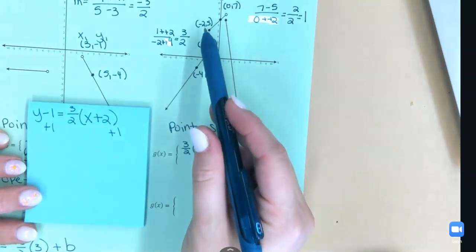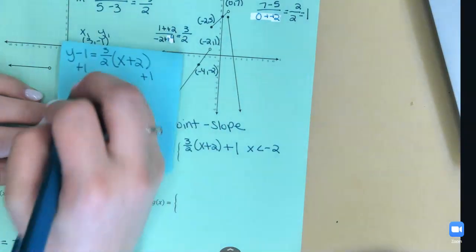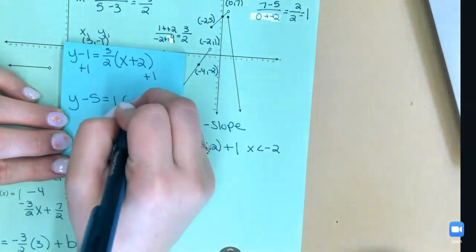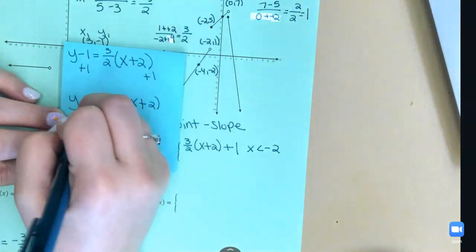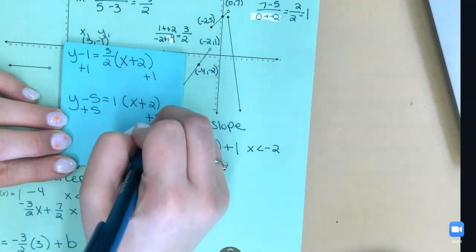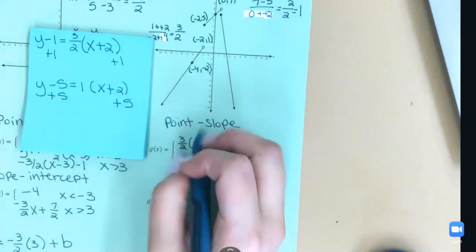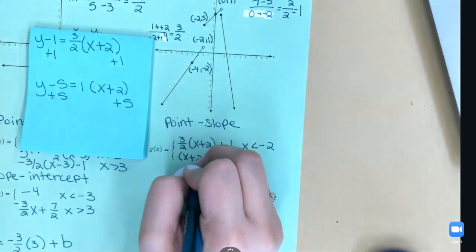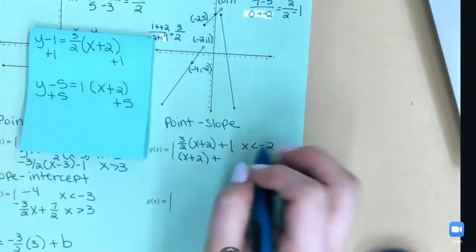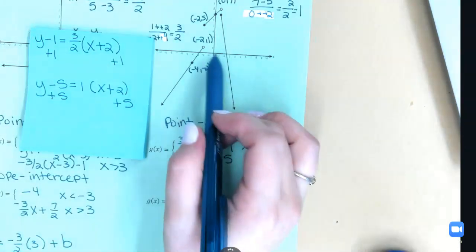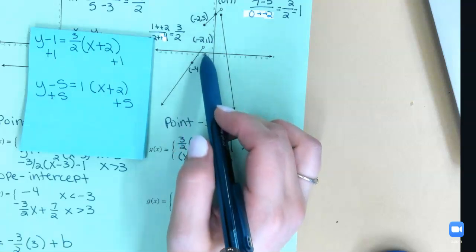And I'm just going to, again, use that first point. So that is going to be y minus 5 equals 1 times x plus 2. I need y by itself, so I am going to move the 5 to the other side. And I get the 1, which we don't have to write there because we can assume it's in front. So x plus 2 plus 5. For all values between, this one has a certain start and stop.